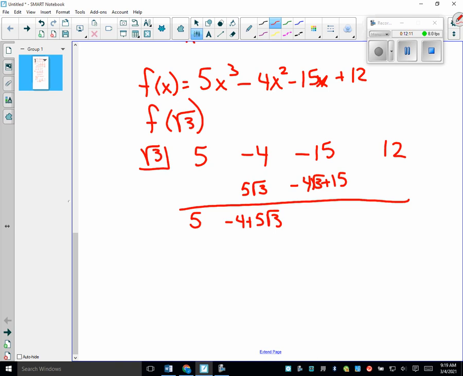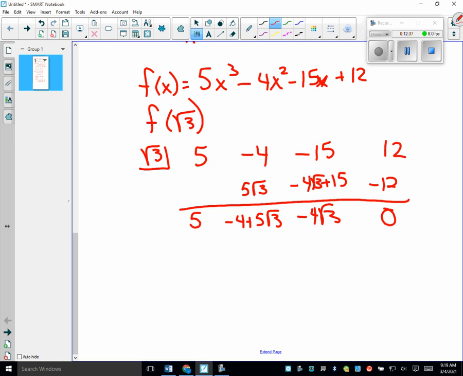Everybody okay with that? What do I get when I add? Negative 4 radical 3, negative 4 radical 3, negative 12, 0.